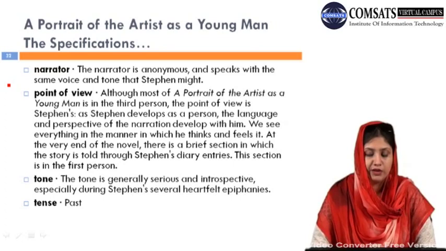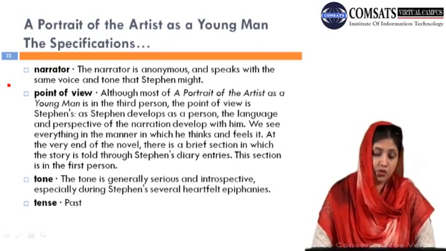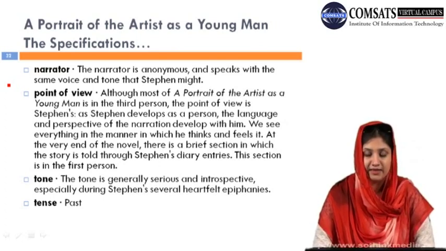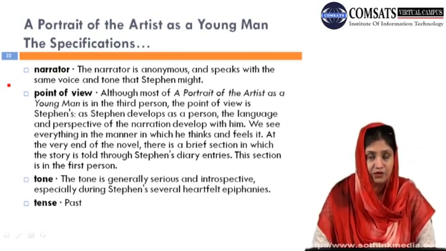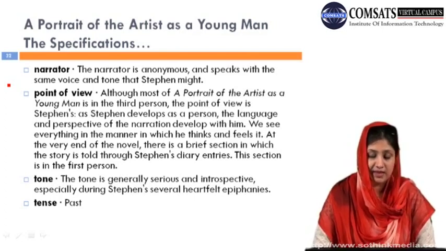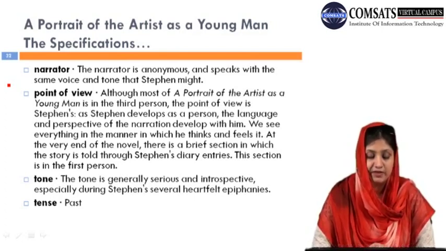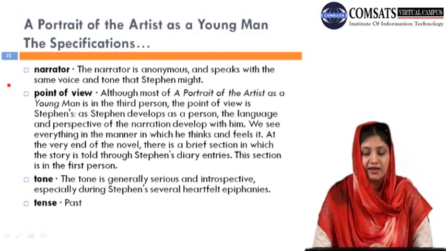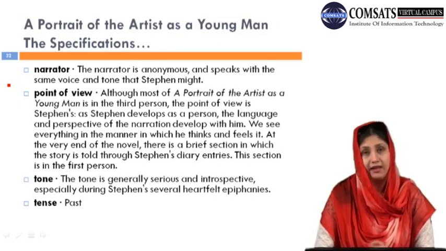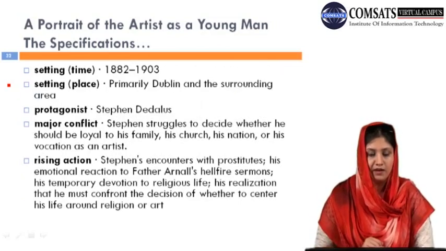At the very end of the novel, there is a brief section in which the story is told through Stephen's diary entries. This section is in the first person. The tone is generally serious and introspective, especially during Stephen's several heartfelt epiphanies, and the tense is for sure past.